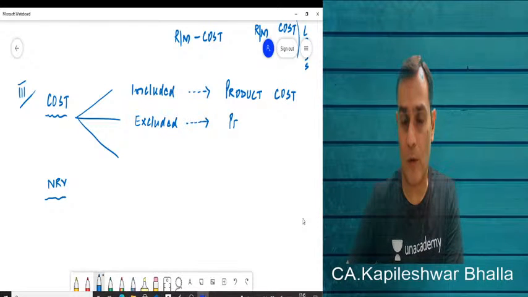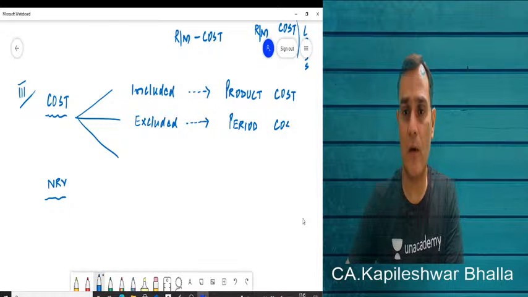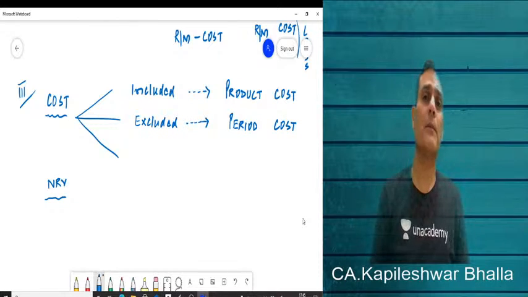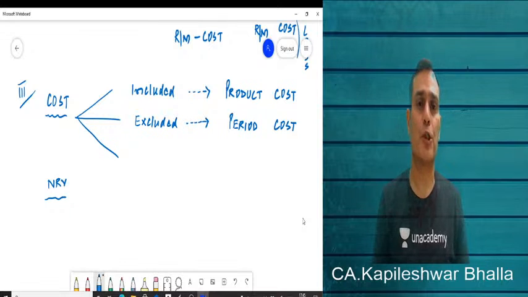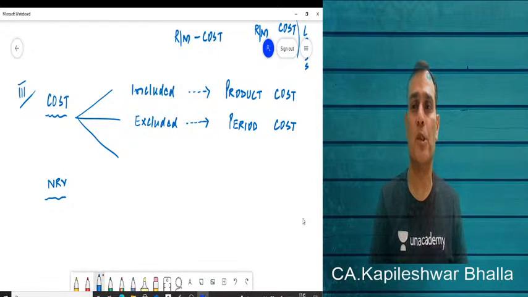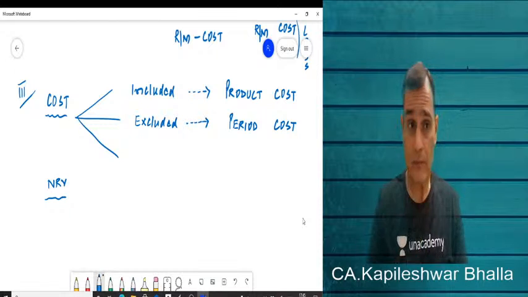These terms are also used in cost accounting. Why are they called period cost? Because they are charged as an expense to the period in which they are incurred. So they're not taken as a part of the inventory valuation.